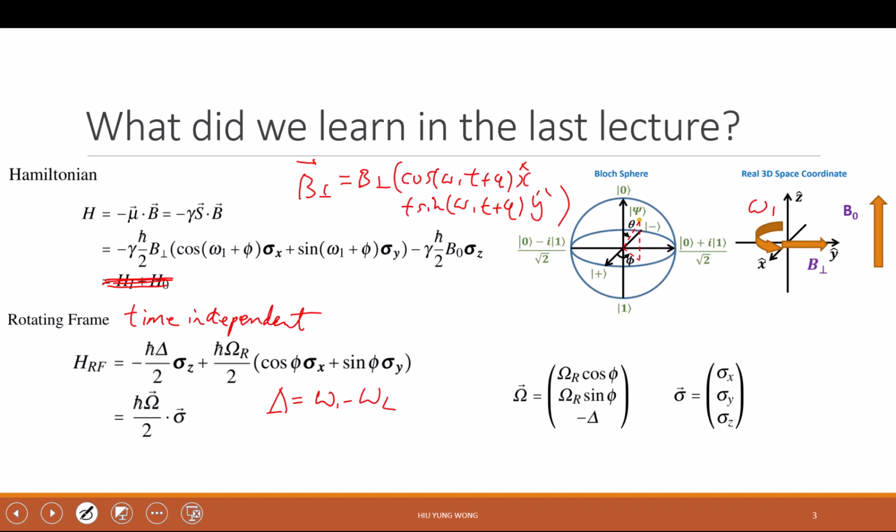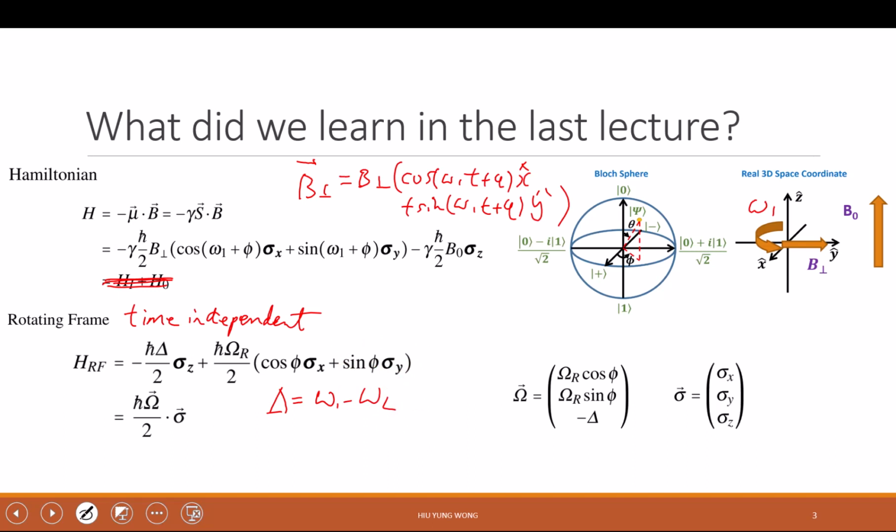Let me check if that is correct. Yes, omega 1 minus omega L. Omega 1 is the angular frequency of this magnetic field. And what is omega L? Yes, the Larmor precession frequency.